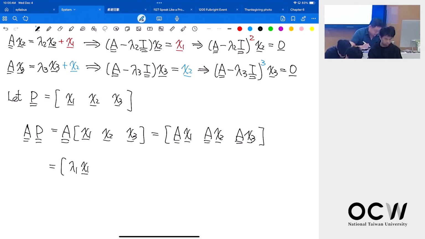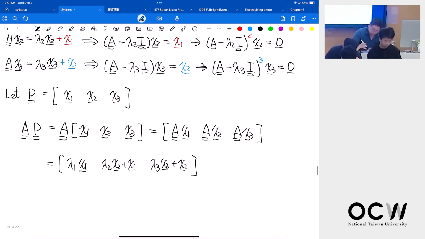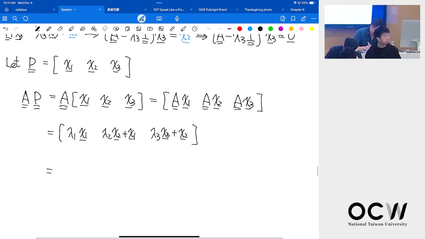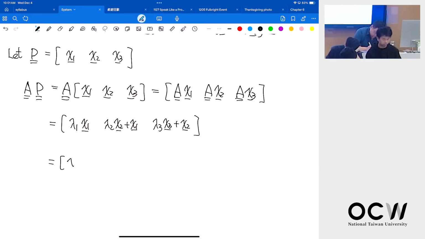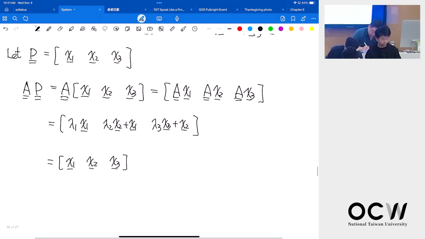A times x2: lambda 2 x2 plus x1. A times x3: lambda 3 x3 plus x2. This is x1, x2, x3 times lambda 1, lambda 2, lambda 3, with zeros elsewhere.